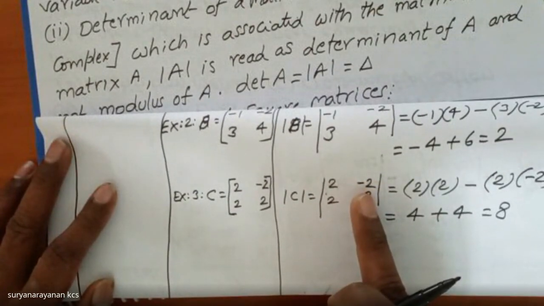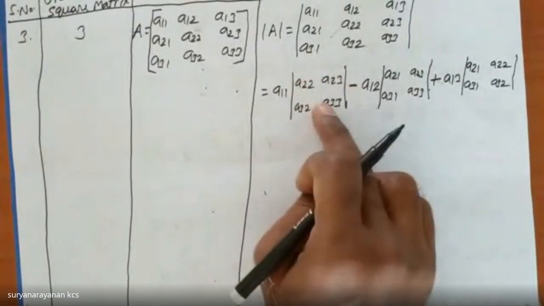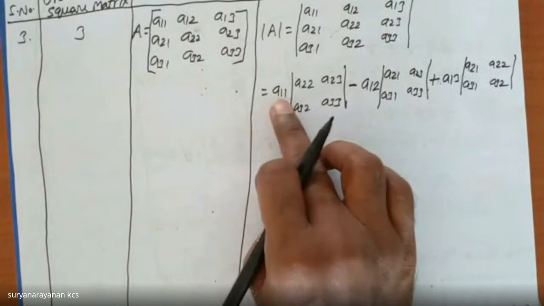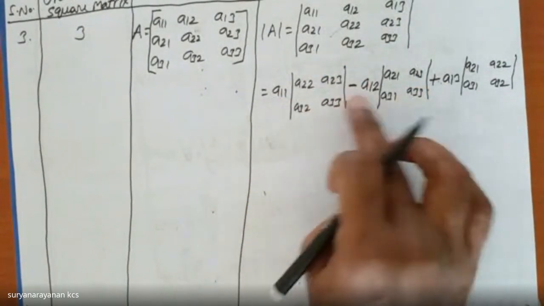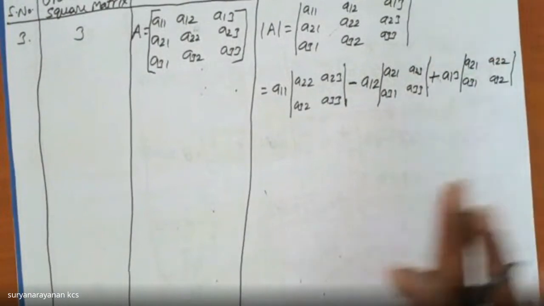Yes or no? Yes, sir. So we follow the same steps to find the determinant of each of these matrices. A11 into this number minus A12 into this number plus A13 into this number. That's all.